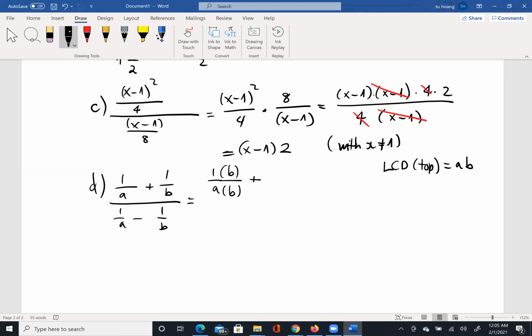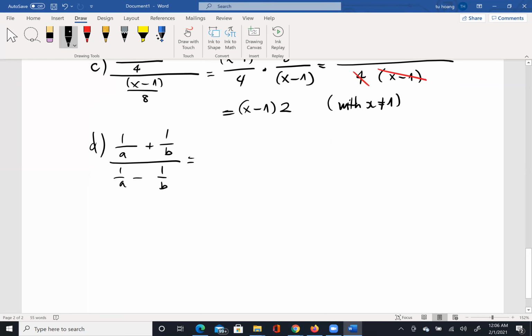You know what? Let me slow down a little bit, because I don't think you can handle this easily. I want to make sure that I find the LCD of the numerator of the top.